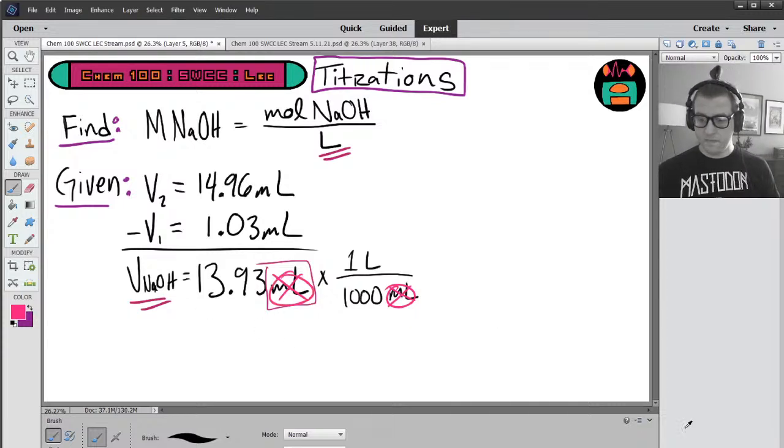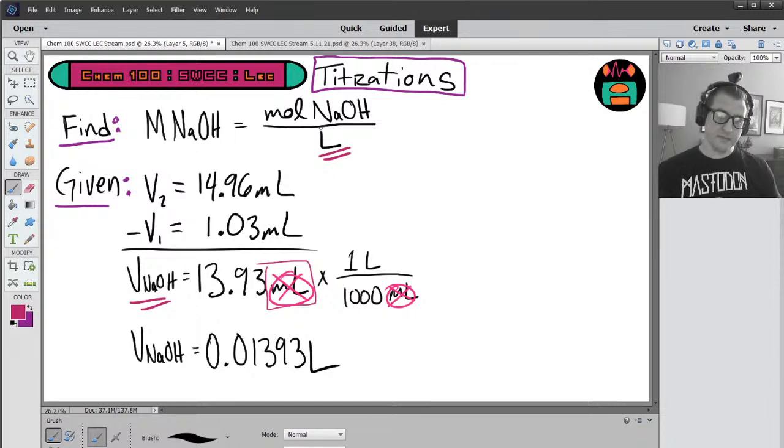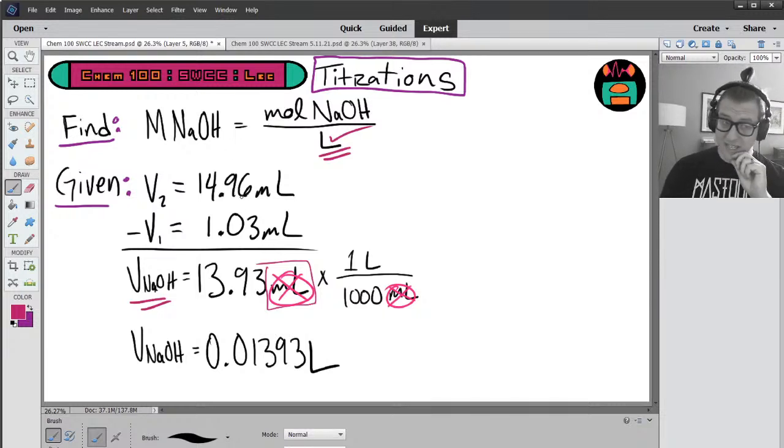So our volume of sodium hydroxide in liters is 0.01393. All right, we've got our denominator. Halfway there. We just need to find the numerator.